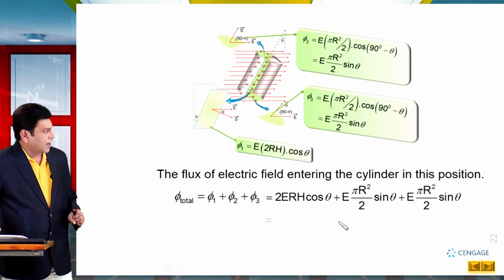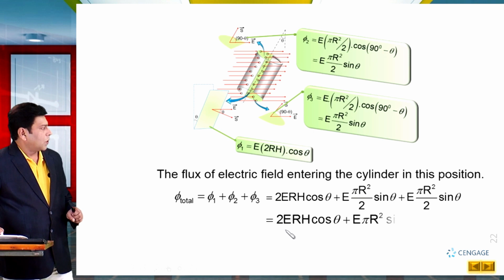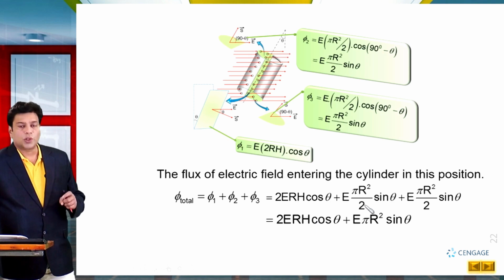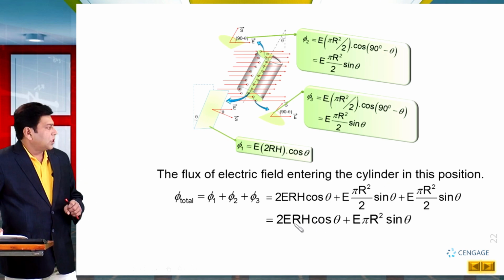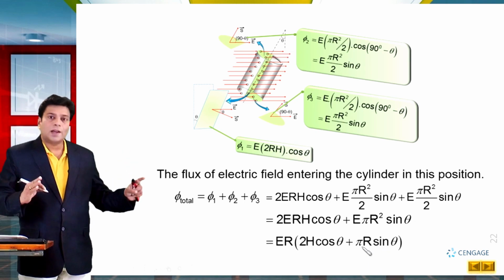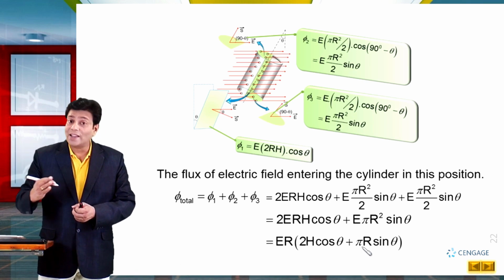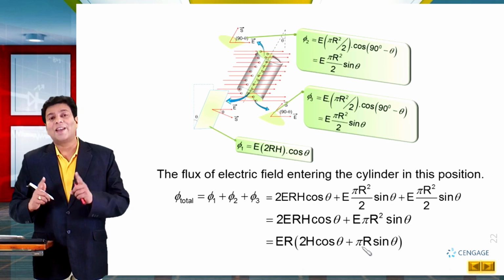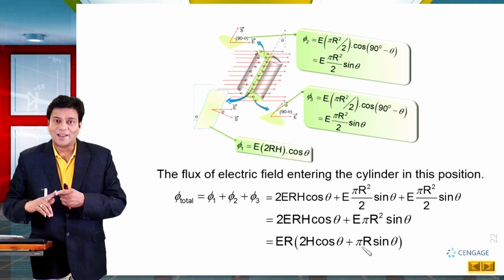Let us rearrange this relation and write here 2 E RH cos theta plus E multiplied by pi r square sin theta. Now here we can take E and R as common. So this relation will become E r (2h cos theta plus pi r sin theta). And this is the total flux entering the cylinder. It is not the total net flux associated with the cylinder. This is the flux entering the cylinder.